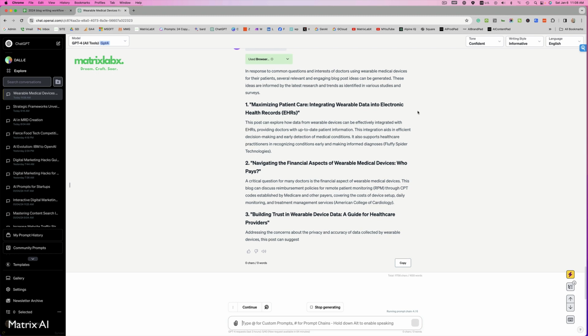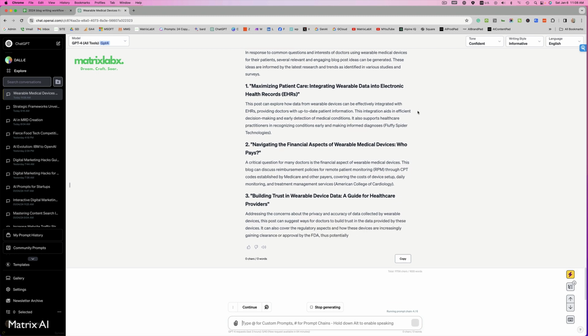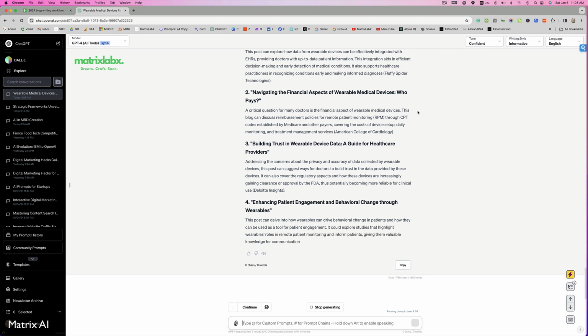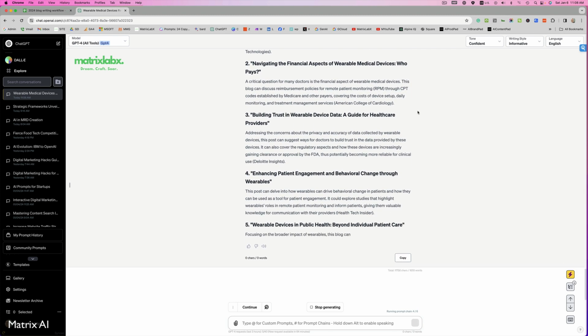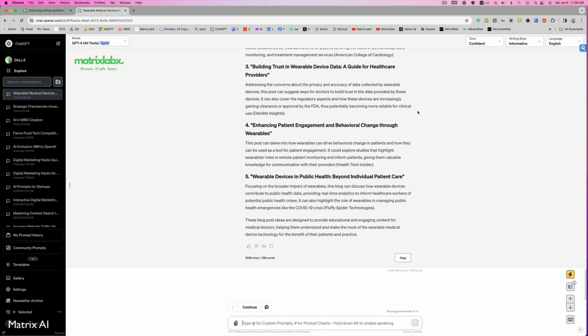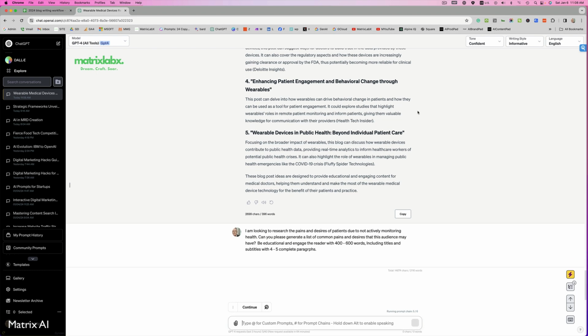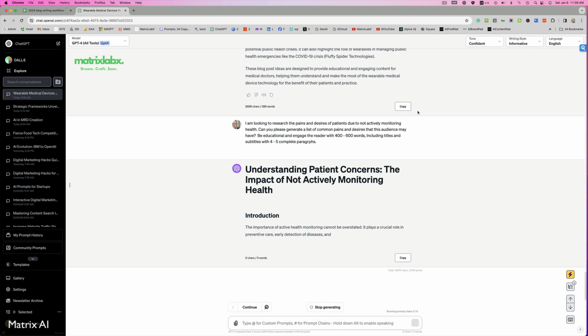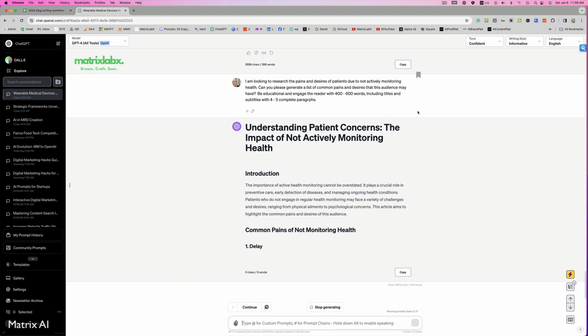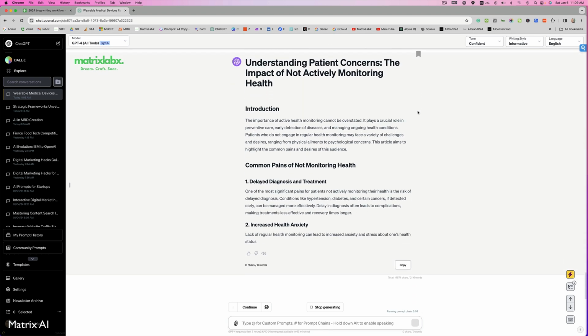So here we're looking at a prompt. Again, some of the questions that they may ask about this: navigating the financial aspects of wearable medical devices. Who pays for it? Wearable devices in public health beyond individual patient care. So now we're really looking at researching the pains and desires of patients, understanding patient concerns.